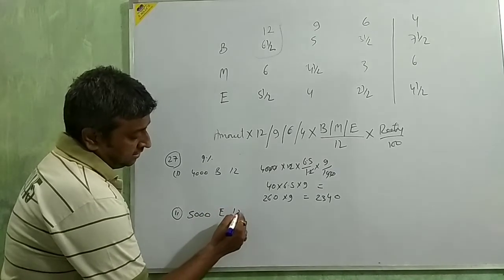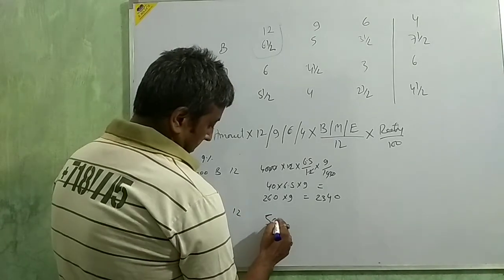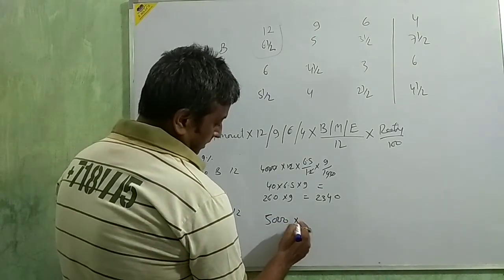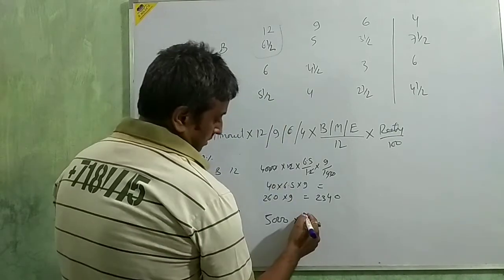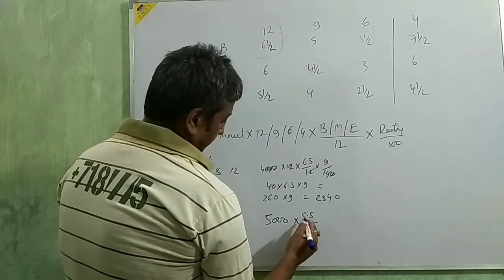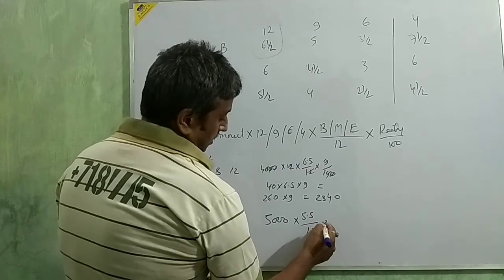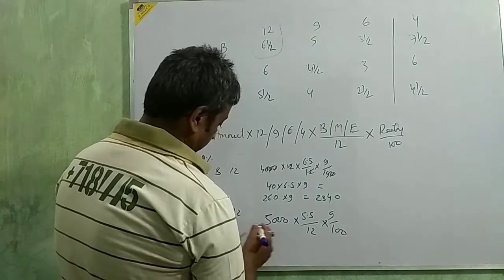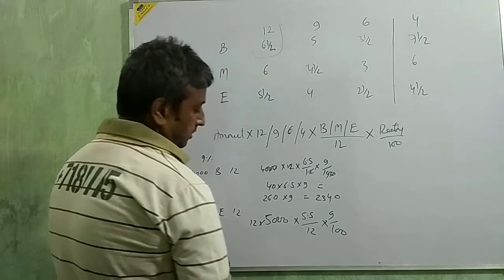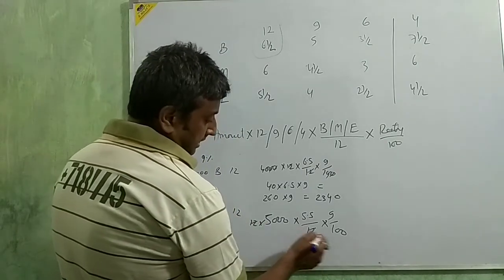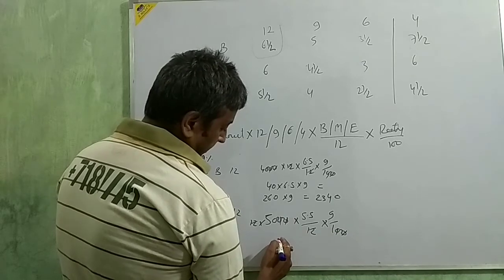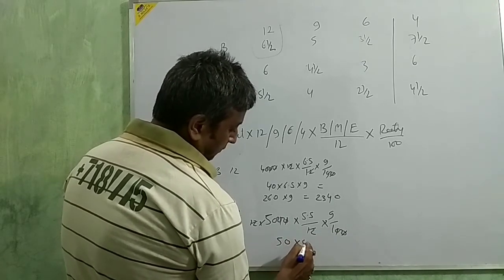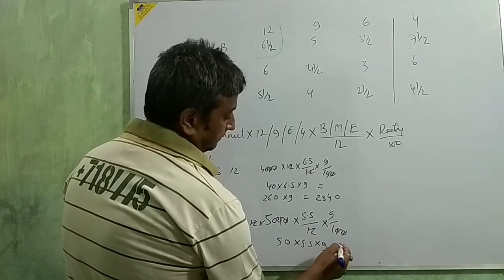And 12 again: 5,000 into 12, and for the end it is 5.5 upon 12 into 9 upon 100. 12 finished, 00 finished, 50 into 5.5 into 9.